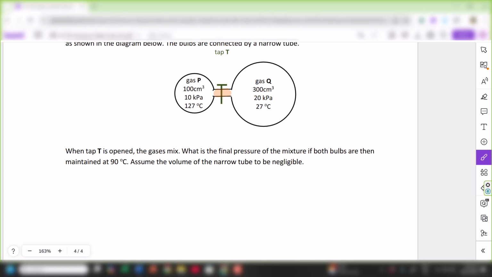That is what we call material conservation. So that means that the number of moles of particles in P plus the number of moles of particles in Q is equal to the final number of moles, which is n total. That is something we need to be confident about. If we cannot understand this, you can't solve the problem.